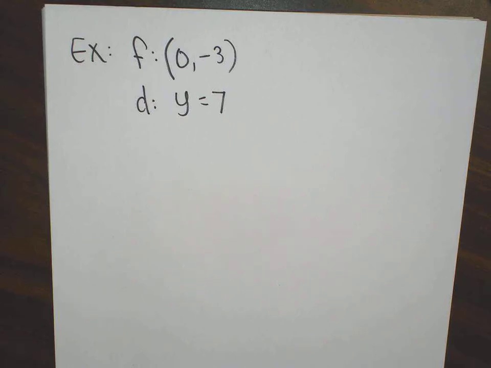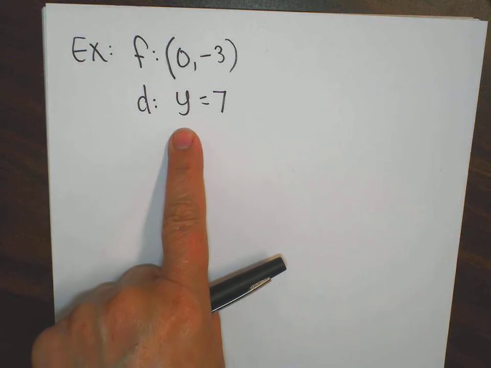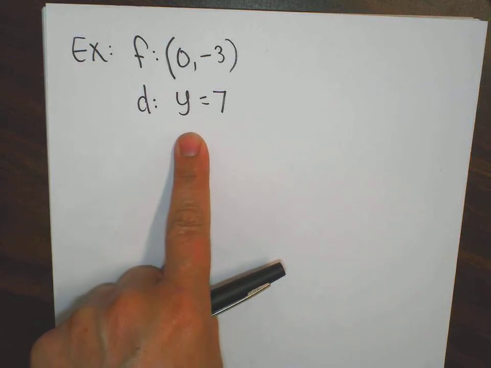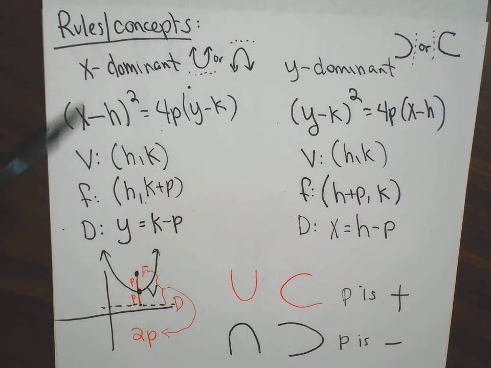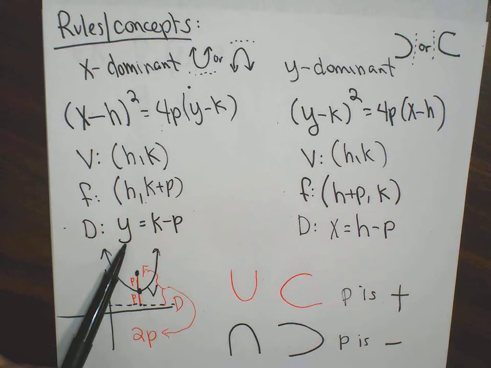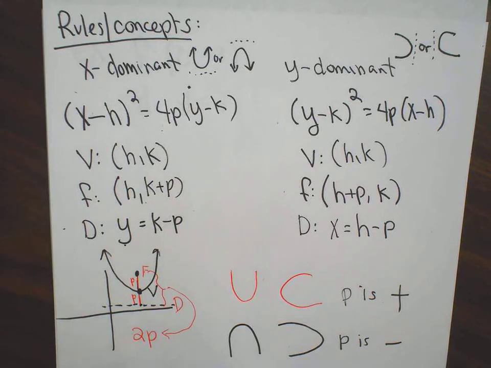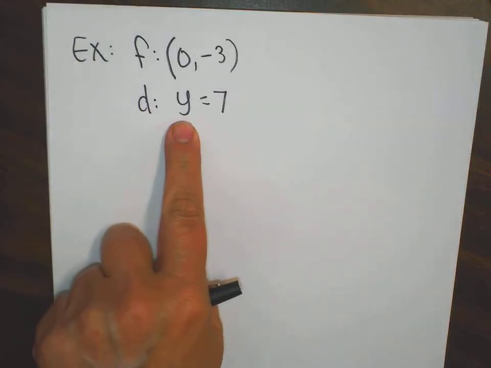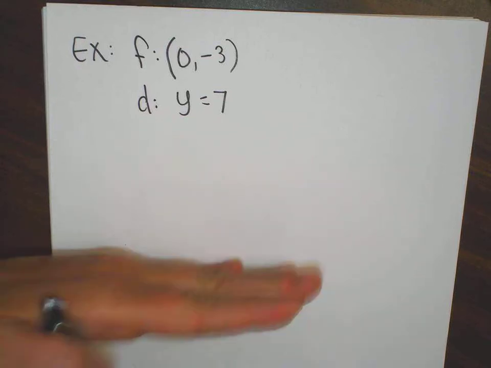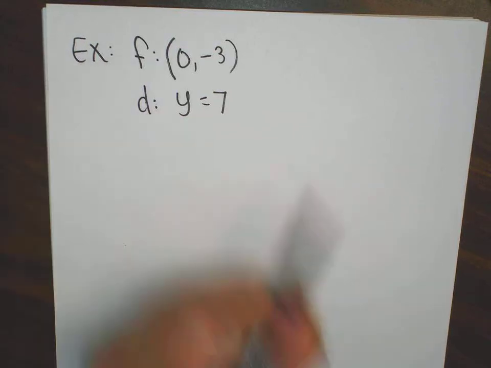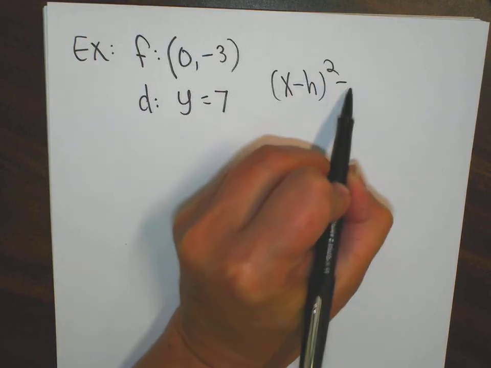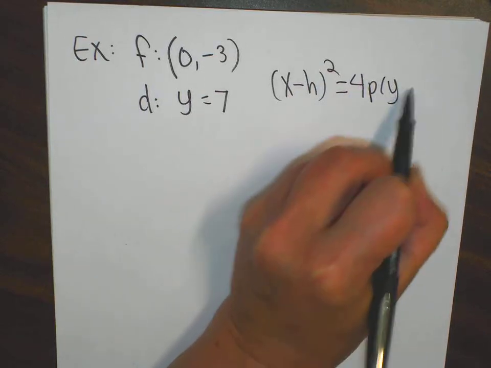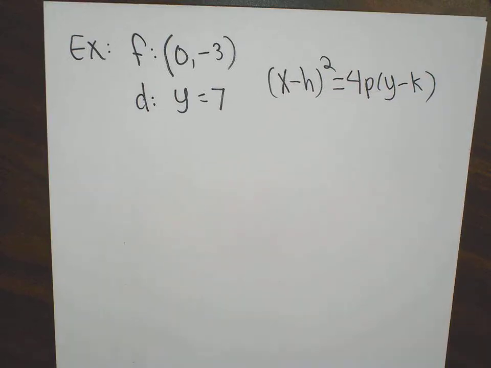X dominant or y dominant? Who's doing the work here? It's a y equals, right? Which form has a y equals for its directrix? An x dominant. So this is x minus h squared equals 4p y minus k.